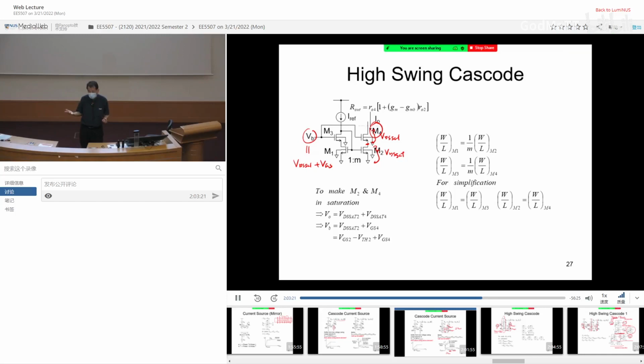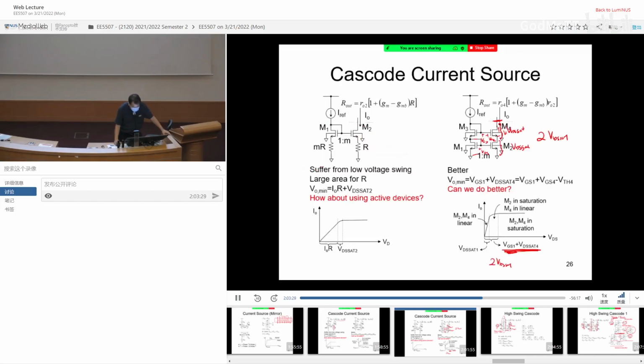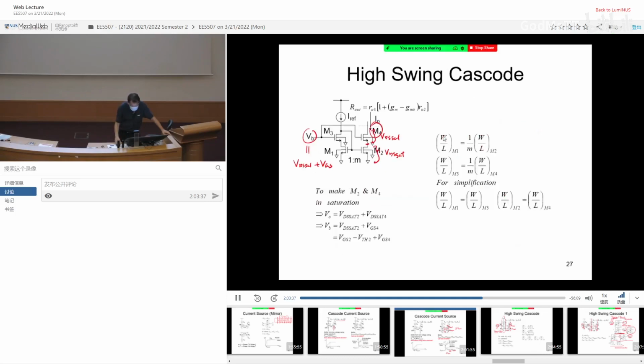Agree? This is simple KVL, nothing special. Just now that one doesn't work. Why? Because just now that one is actually 2 VGS. It's more than what you want. Actually, you only require 1 VGS plus 1 VDS set. That will do. You get the point?